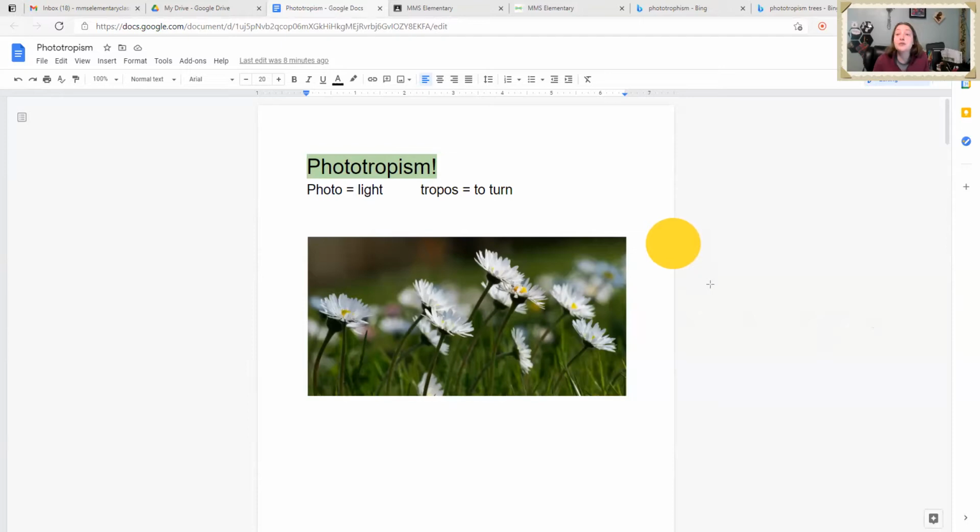Remember that the sun moves across the sky, right? It rises in one side, goes up and over, and then back down before it sinks at sunset. And so that means that during the day, the sun is moving around. The sun might start here, and as it moves across the sky, the daisies are going to bend themselves until they're pointing in the opposite direction.